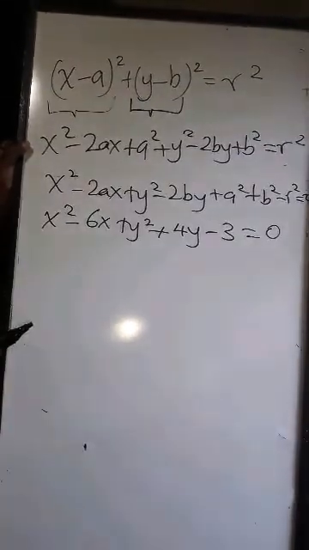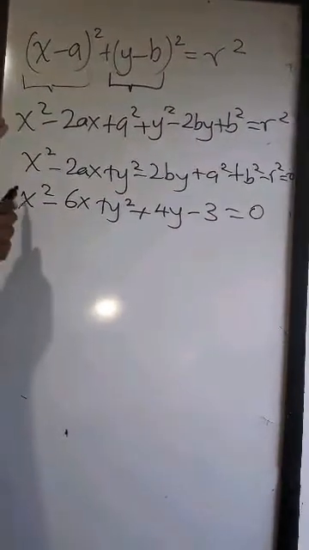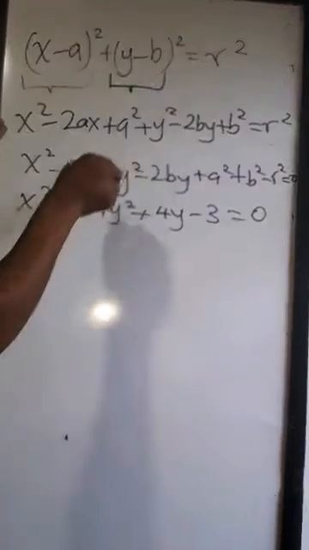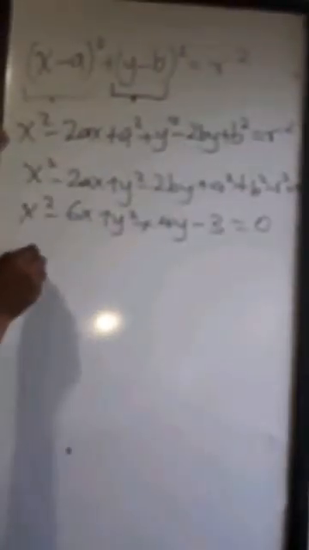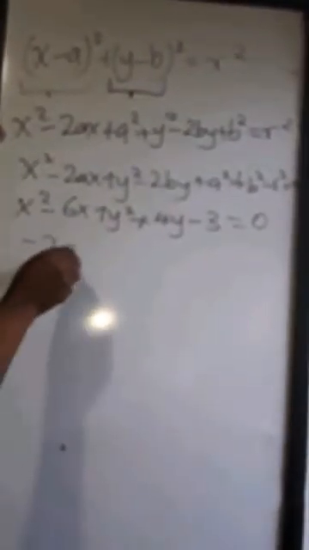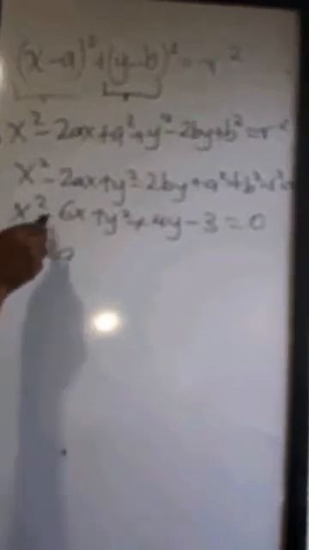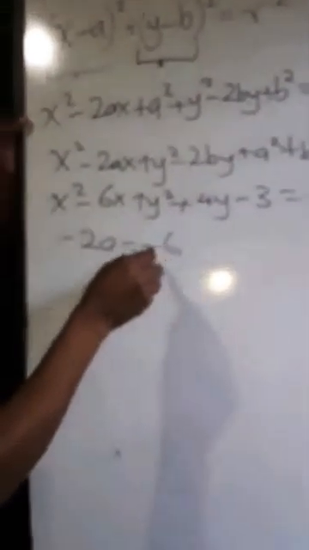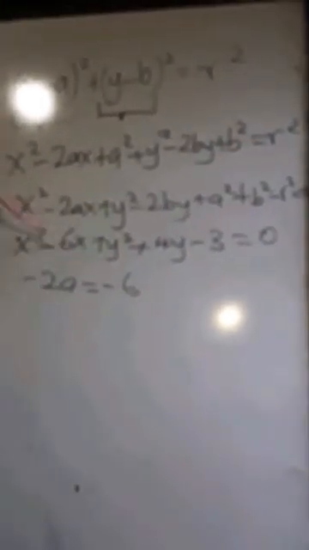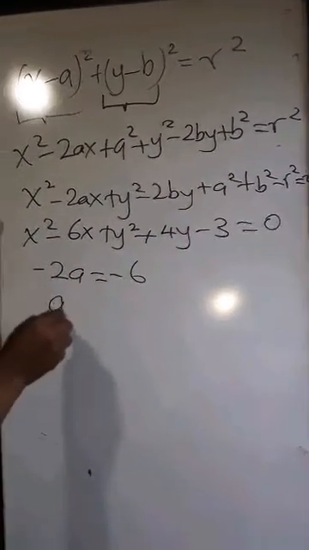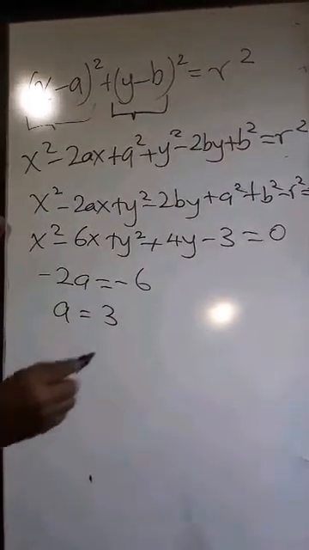Then we compare coefficients of x. Having written it like that, now you can see the coefficients of x squared are the same, the coefficients of y squared are the same. So we now compare the coefficients of x. The coefficient of x in this case is minus 2a, and the coefficient of x in this case is minus 6. So we get that a is 3, alright?